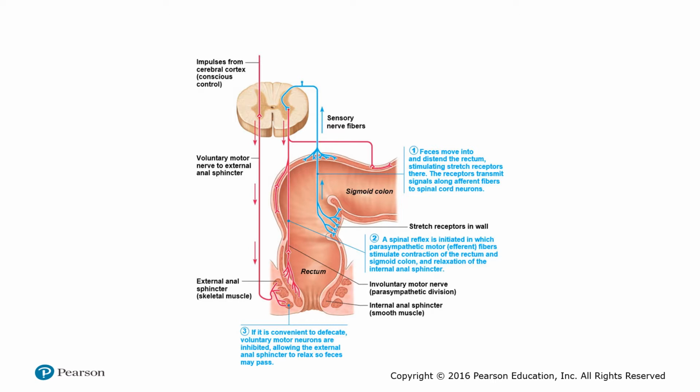And the spinal reflex is then initiated, and then if it is convenient to defecate and there is a conscious control, you basically tell yourself, okay, I'm on the toilet now and I have the capability to defecate, the voluntary motor neurons can be inhibited, and this will allow for the external anal sphincter to relax so the feces can pass out.